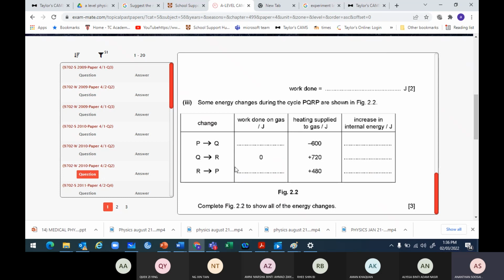I think the first thing you can work out is your work, right? You should get all the work values. Then I think you can figure out the internal energy.